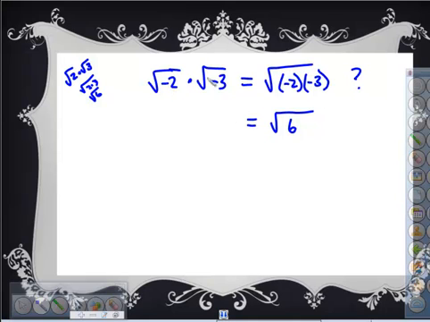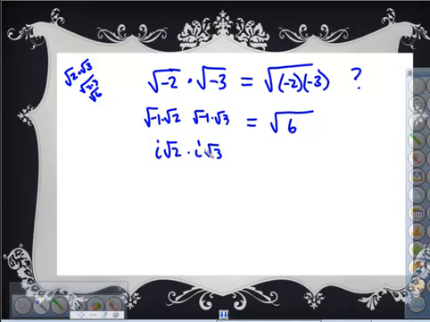Well, before we multiply, we have to take care of this negative, right, on the inside. So this is the square root of negative 1 times the square root of 2, right? So that one's going to be i radical 2. And then this one, in the same story, is the square root of negative 1 times the square root of 3, which will be i radical 3.